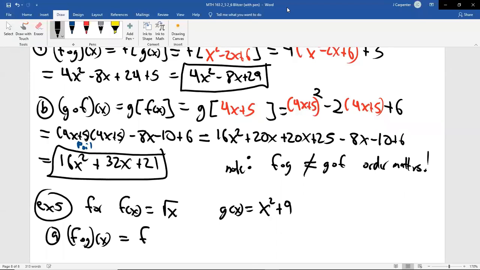All right, so the rewrite. F of g of x. Now we're going to replace the inner function with what it actually is. So this is f of x squared plus 9.